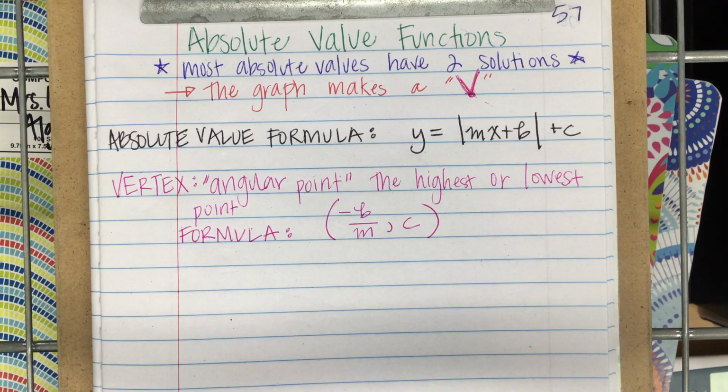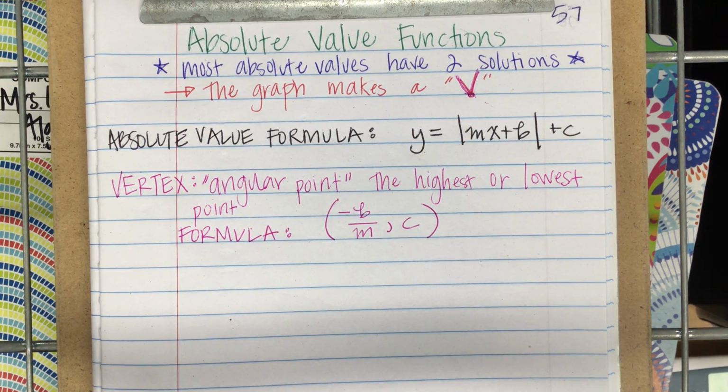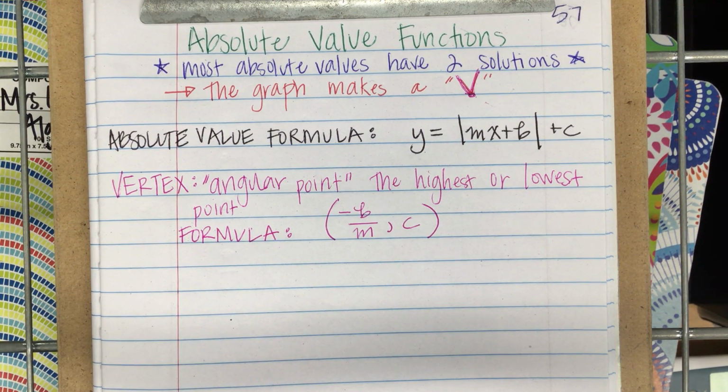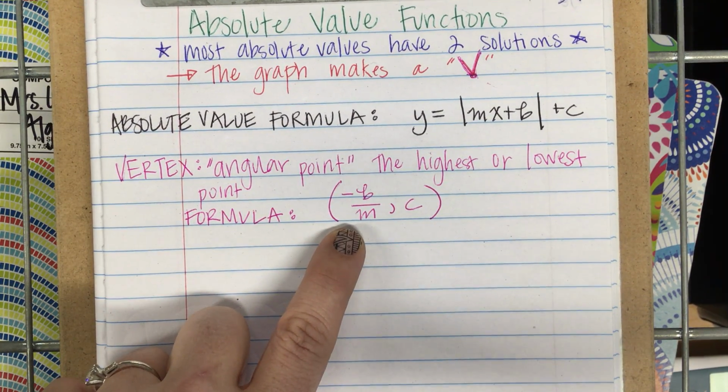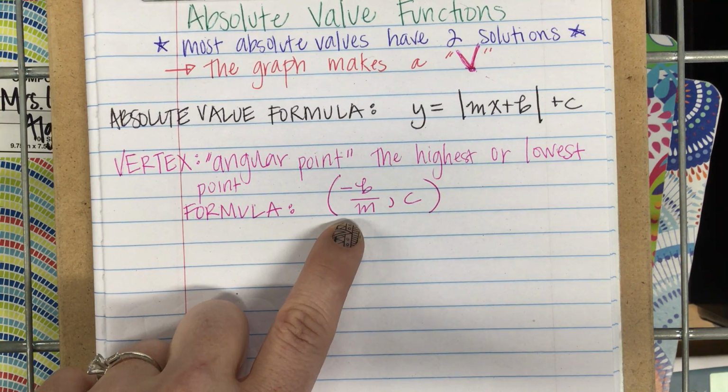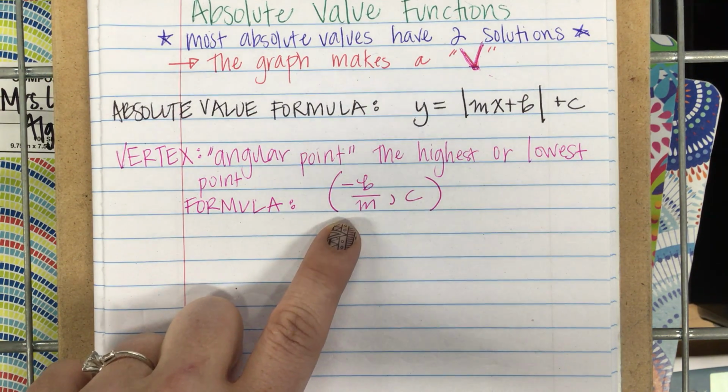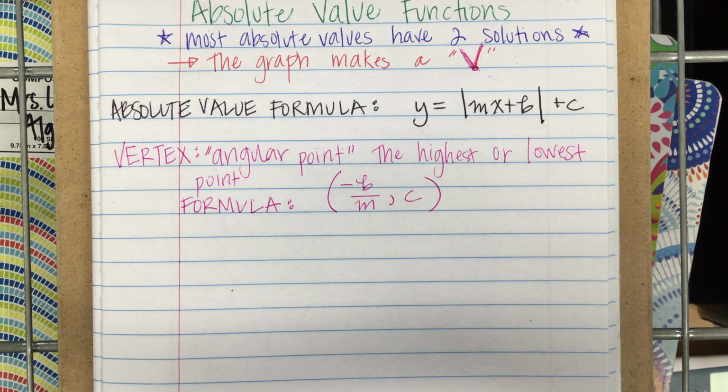What if there's no m? What would you substitute? 1. This is what we're looking for. You find the vertex. Once you find your vertex, we're going to graph.